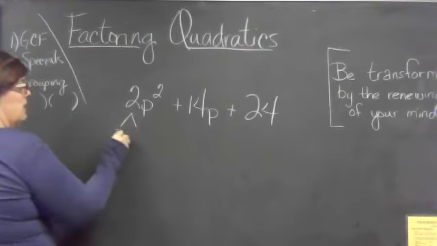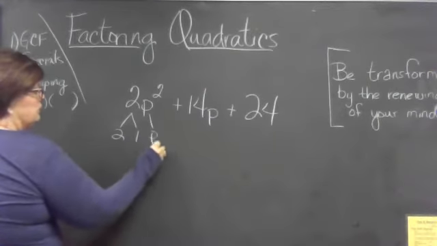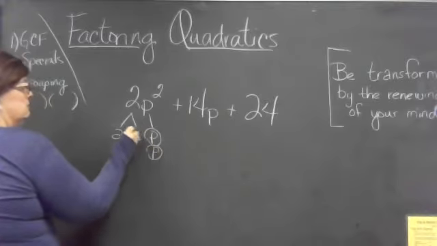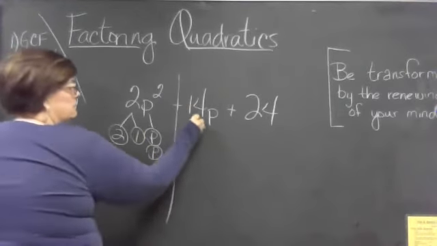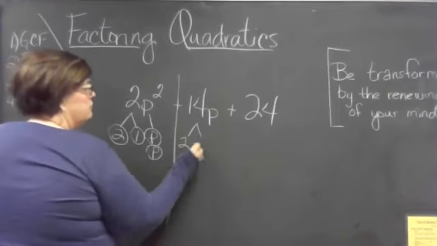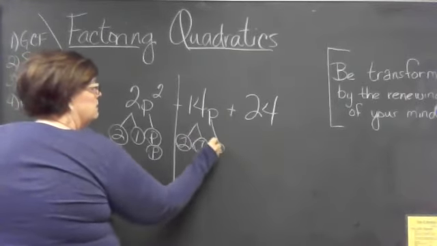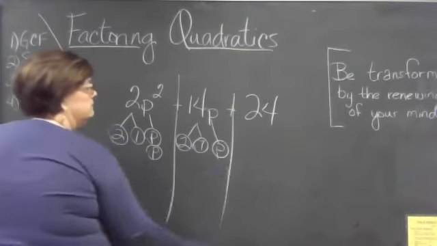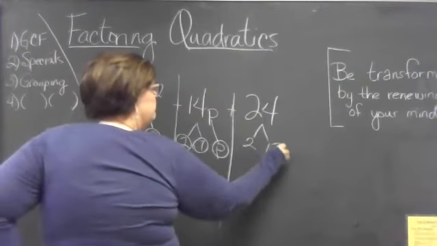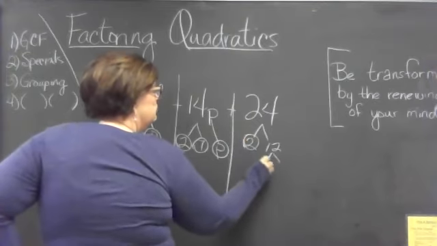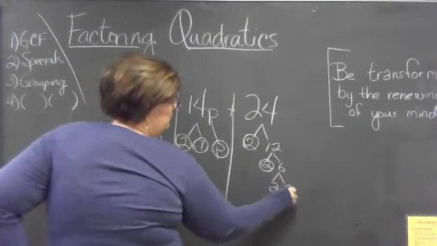So if we break this down, we have 2 times 1 and P times P. This one, we'll do our prime factor tree. We have 2 and 7 and a P. And this one, we have 2 times 12, 2 times 6, 2 times 3.